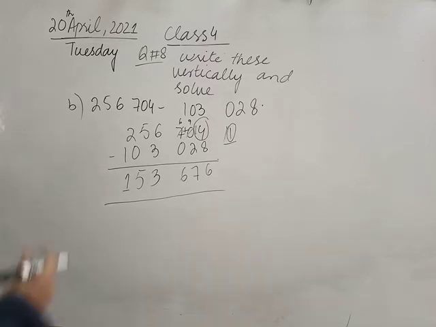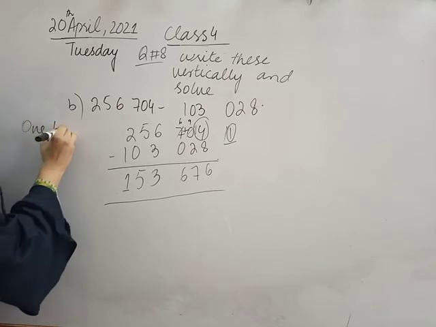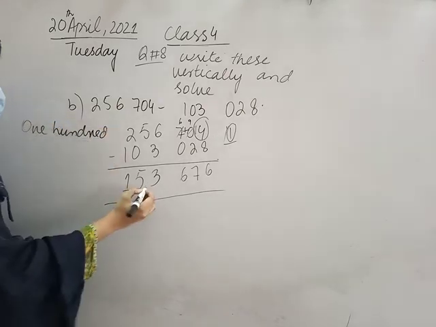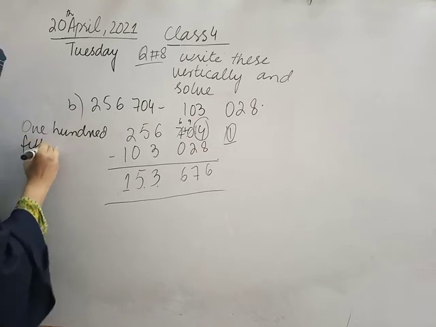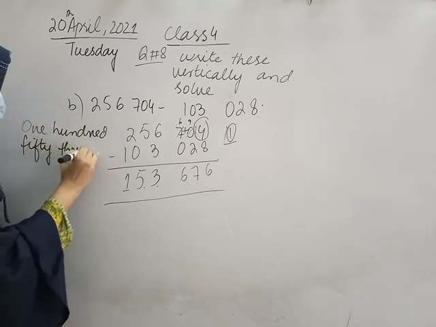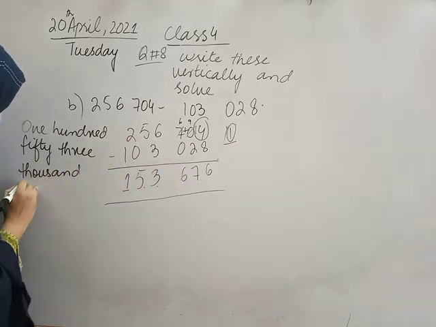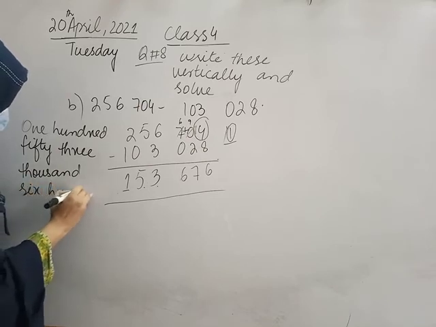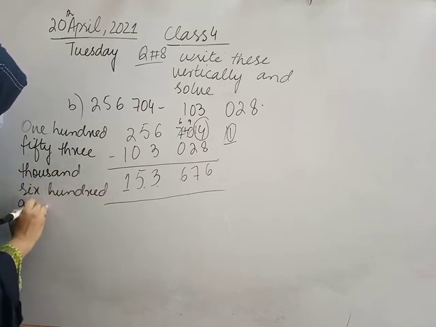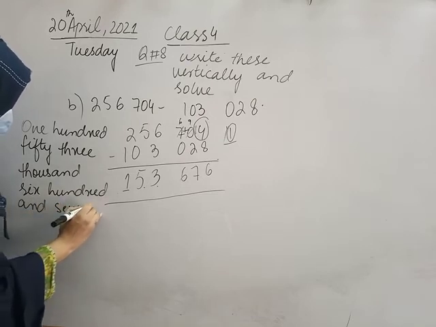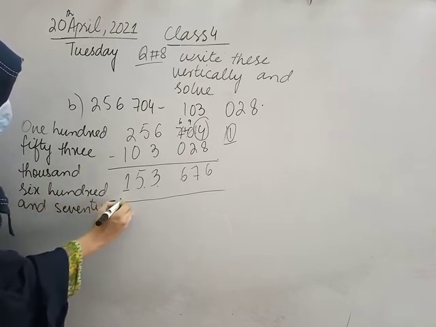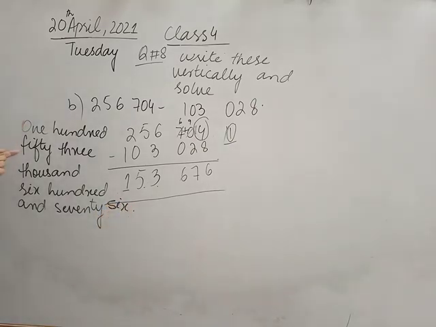Very good. 153,600 and 76. Okay, 153,676. Isn't it, class? It is like this.